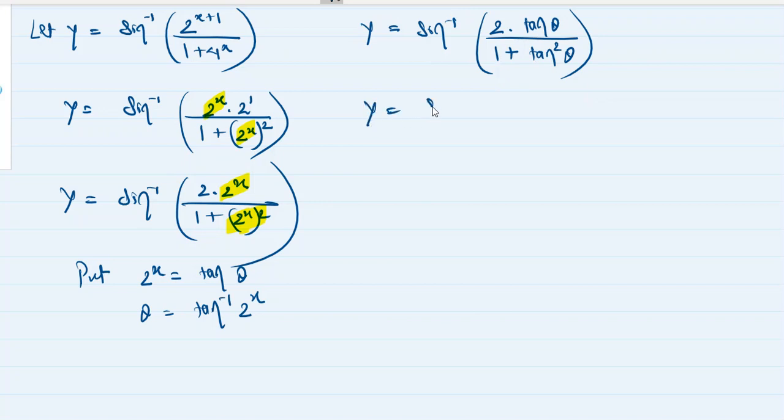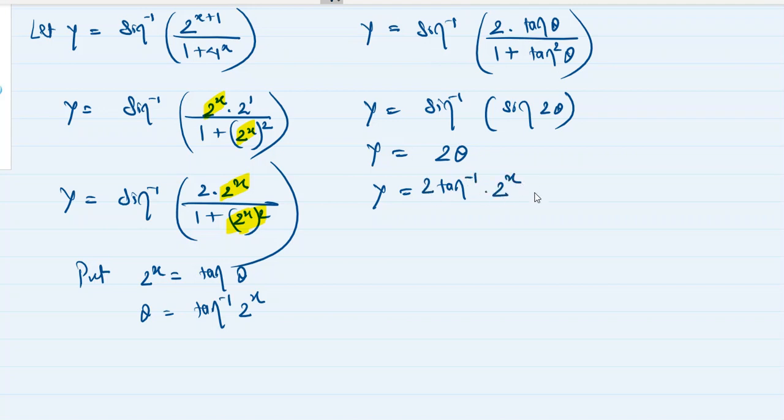So can I write it as sine inverse of sine 2 theta? Yes, definitely. And can I write it as y is equal to 2 theta? What is theta? We have to put the value of theta, right? Theta is equal to tan inverse of 2 raised to x, so y is 2 tan inverse of 2 raised to x.